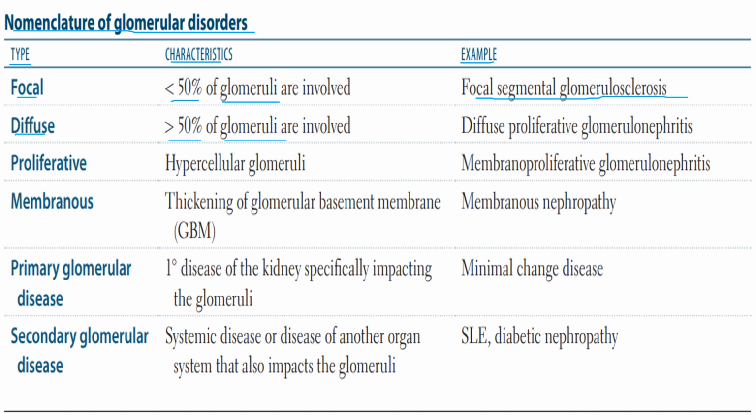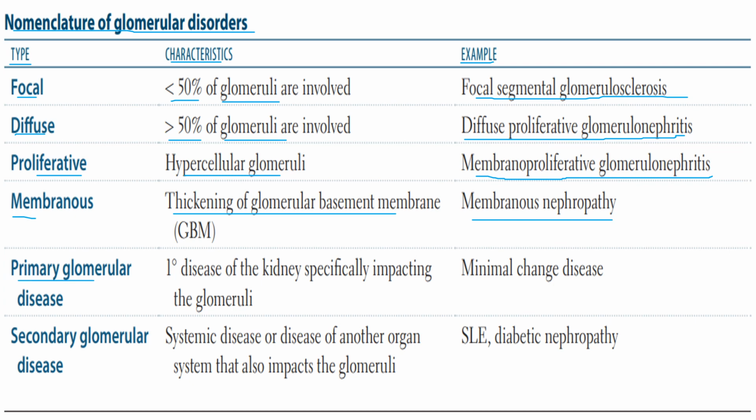Its example is diffuse proliferative glomerulonephritis. Proliferative: when there are hypercellular glomeruli, then it's proliferative. Its example is membranoproliferative glomerulonephritis. Membranous: thickening of the glomerular basement membrane. Its example is membranous nephropathy.